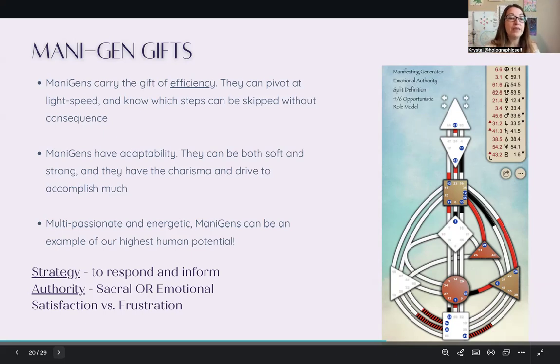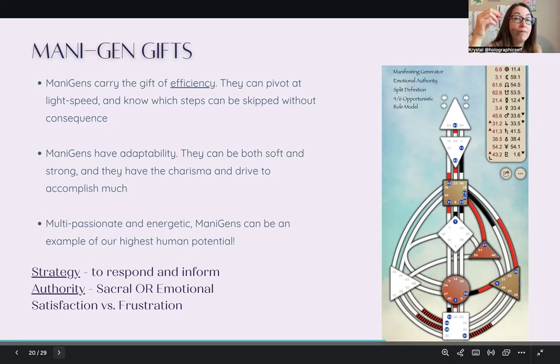So depending on your definition, meaning that's getting into more complicated things, they can be fairly self-contained, or they can be more wanting to work in connection with other people. Generally, they're very adaptable. There's a lot of flexibility in a Manigen chart.